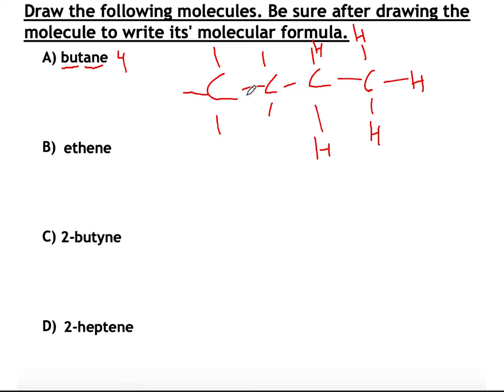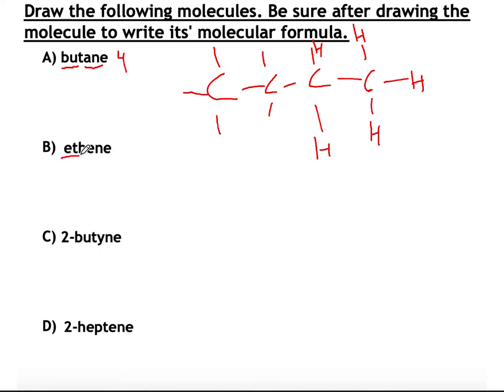You'll see both. You'll see where they just put the stick and you have to assume that there's a hydrogen at the end, or you'll see the hydrogens written out. But this is your butane molecule, right? All single bonded carbons with hydrogens at the end, and there's 4 because table P told us that but means 4 carbons.